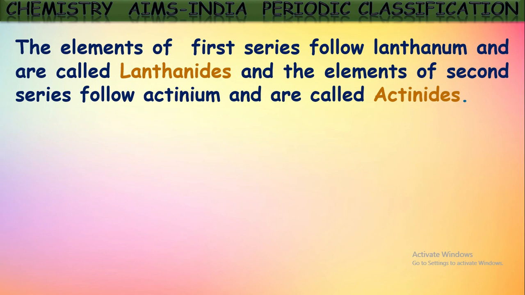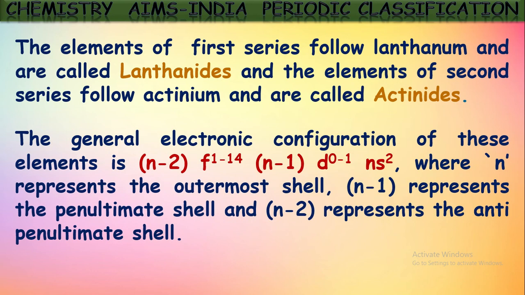That is why these are called actinoids. Lanthanoids and actinoids together are called f block elements. These are also called inner transition elements because these are separated and written down from the transition elements, that is the third B group, isn't it? That is why these are also called inner transition elements.